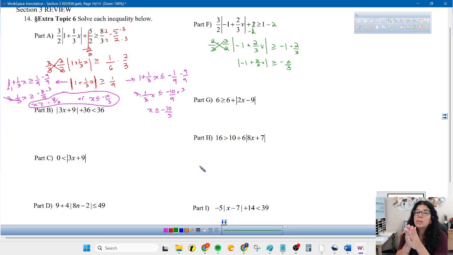Any number that I put in here is going to fall into being greater than or equal to the negative 2/3. Because no matter what number I put in here, when I take the absolute value, it's going to end up being a positive. And a positive will always be greater than or equal to that negative. So this is actually all real numbers.